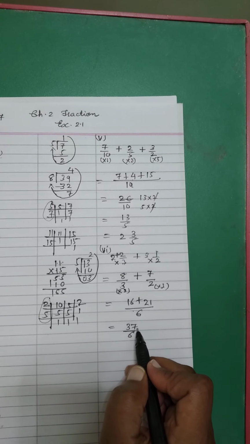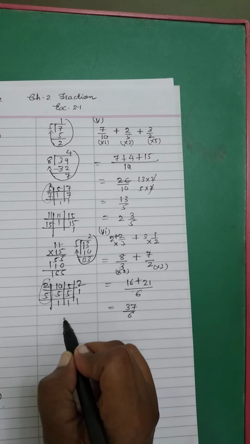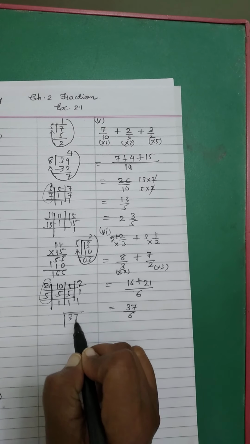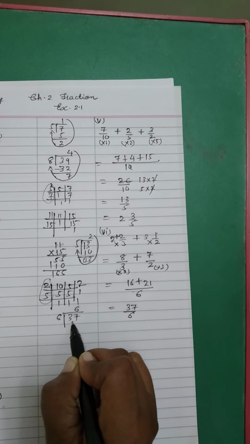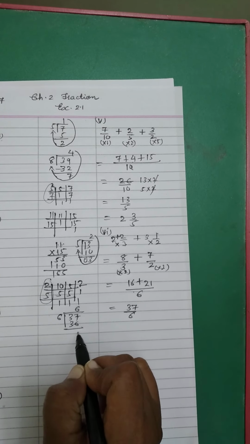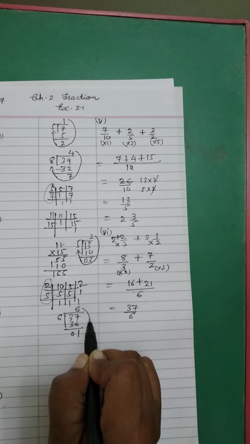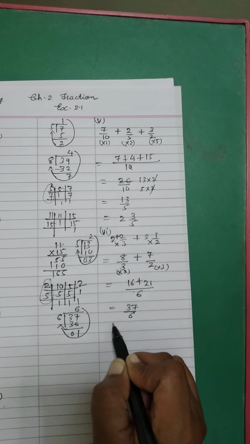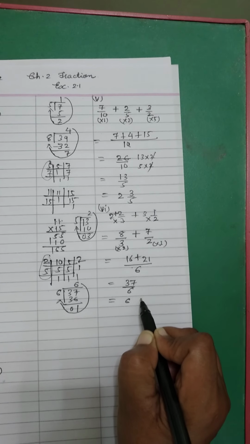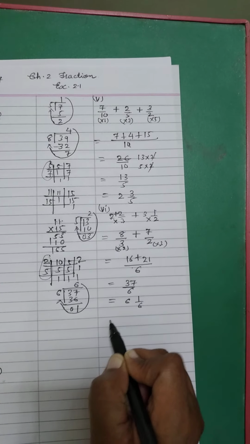Now again numerator is big, denominator small, so you can divide. Now 37 by 6. 6 sixes are 36. 7 minus 6, 1. So 6 integer 1 upon 6 is your answer. 6 integer 1 upon 6.